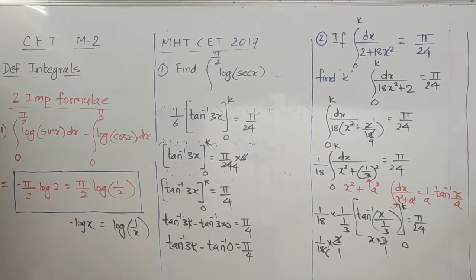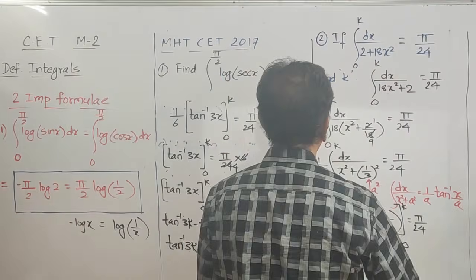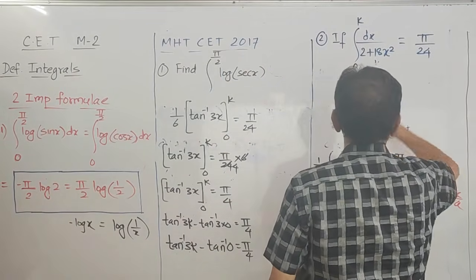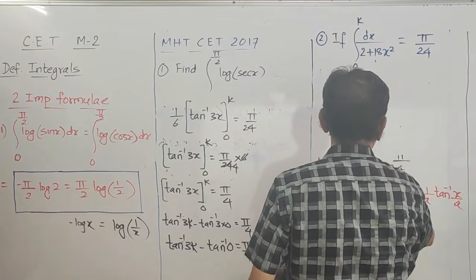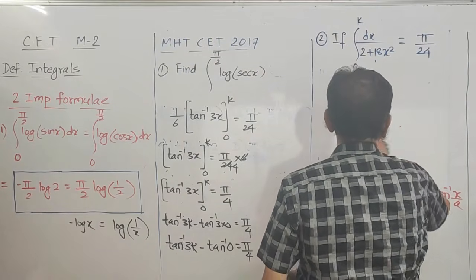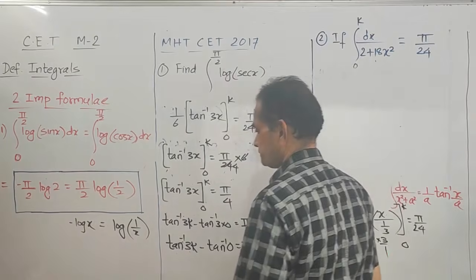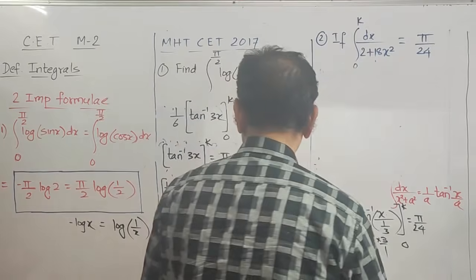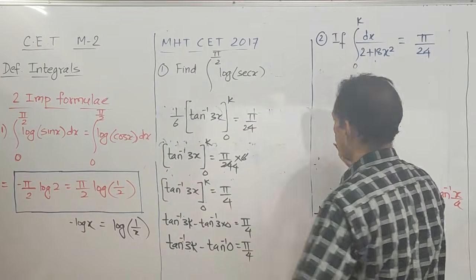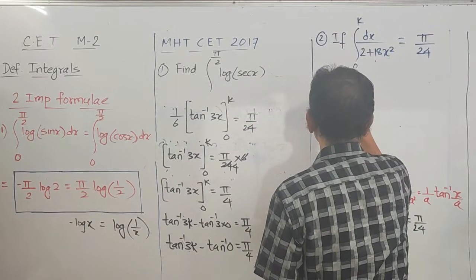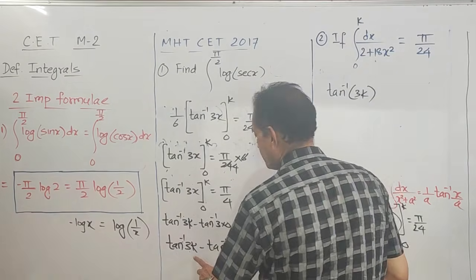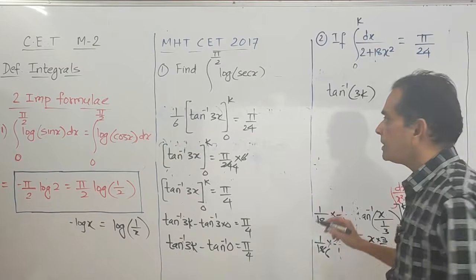Let's solve. tan inverse 0 is 0. You get tan inverse 3k. Tan inverse 0 I am not writing.